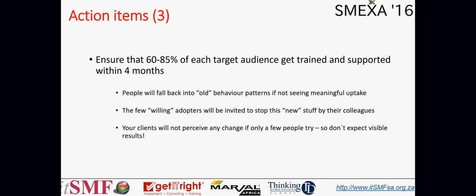Now let's go back to this 60 to 85% of each target audience. If you're serious about implementing something, then critical mass is all that matters. If you only get 2 out of 10 people trained in any given target audience, and then you expect them to actually hold up the new behaviors, what you're going to see is some friendly pushback and friendly pressure applied from the remaining 8, which is represented in my second bullet here, that the few willing adopters will be invited to stop their new behavior by their colleagues.